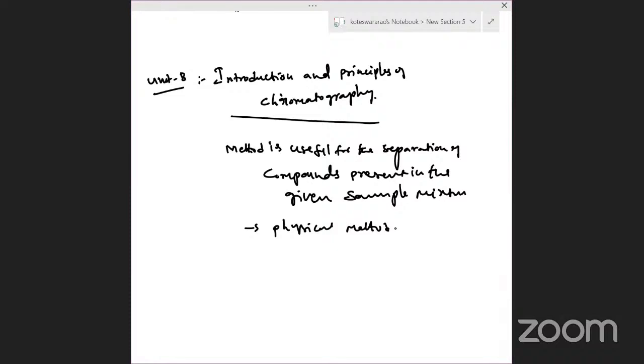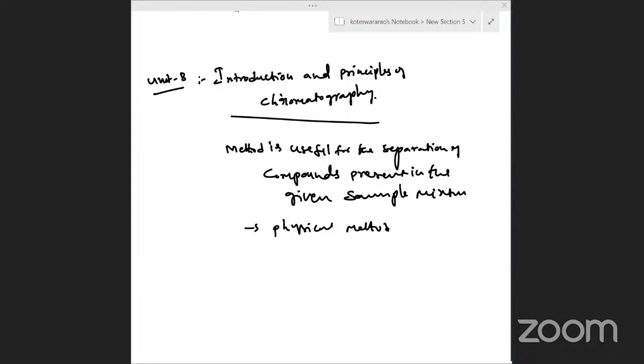But in the case of physical methods, separation becomes very easy compared to the chemical methods. But one disadvantage of chromatography is the quantity.